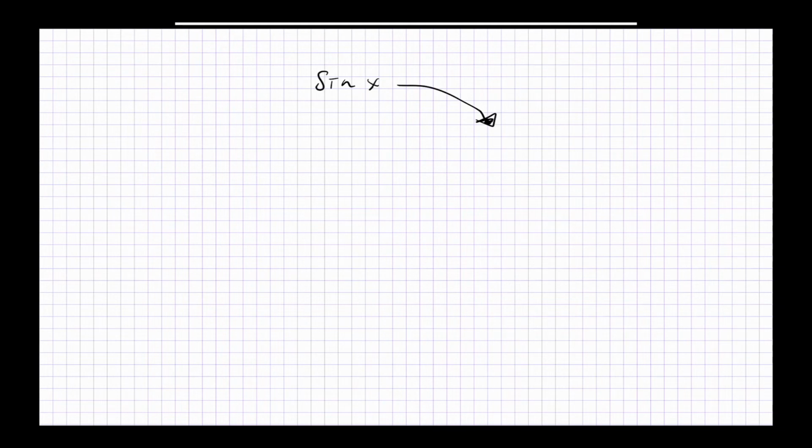Cosine. What's the derivative of cosine? We just found that out too, right? We haven't done this one, but use your brains. What is the derivative of negative sine? Negative cosine. And what do you think the derivative of negative cosine would be?